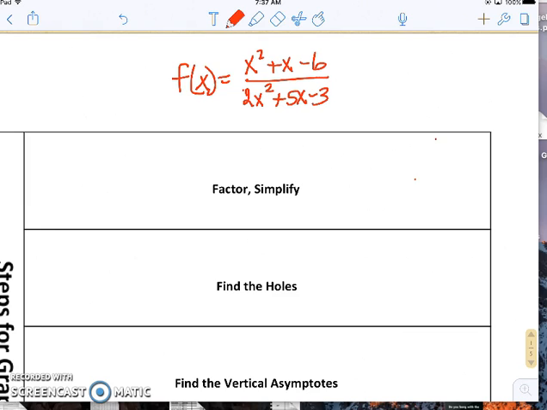I know that top part is x plus 3, x minus 2. The bottom one is a little bit complicated to factor because we have that coefficient of 2. So I could do 2x squared, 5x, negative 3. 2 times negative 3 is negative 6.